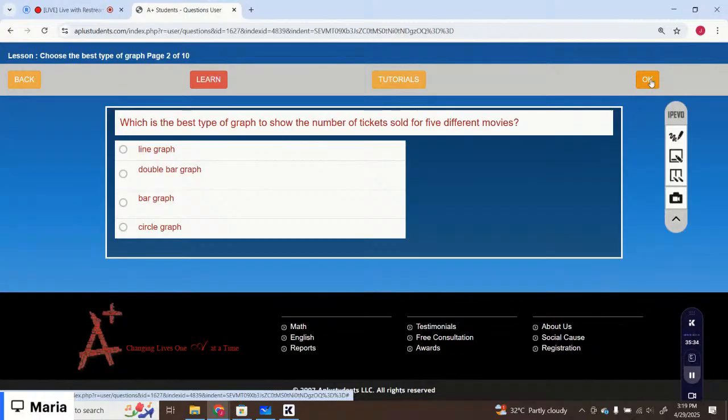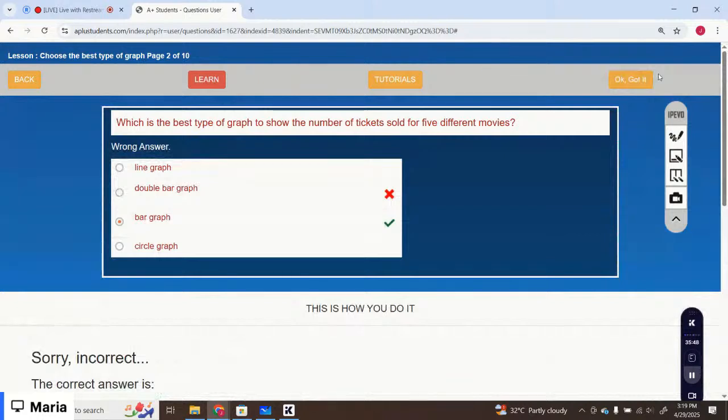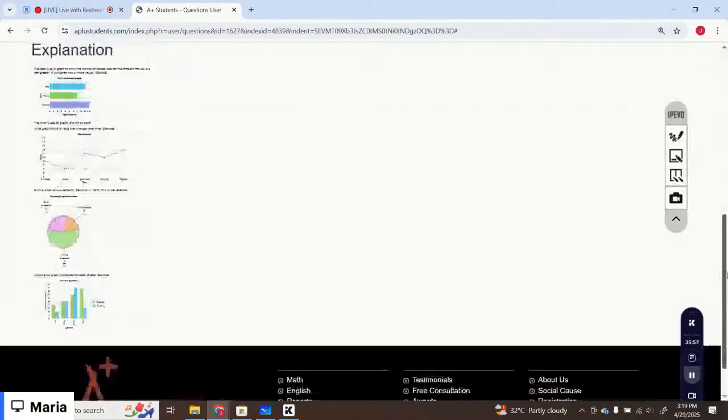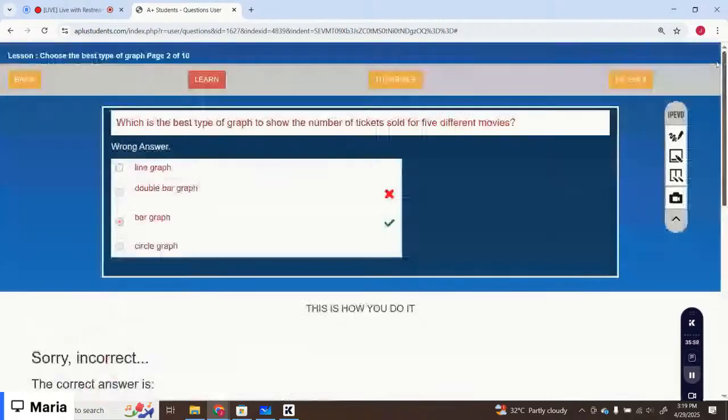Five different movies, right? Then that can be shown by using the double bar graph. Option number two is the correct one. Oh, bar graph it is. Double bar graph you can use when you have to compare things, right? So that is a bar graph, okay?